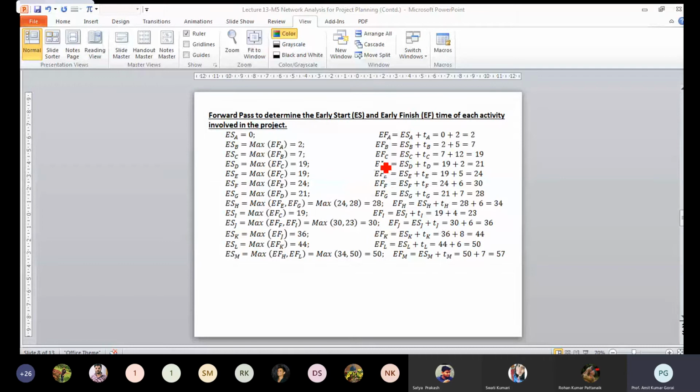Similarly, during the backward pass, we have calculated using these equations, and the minimum value we have to take.